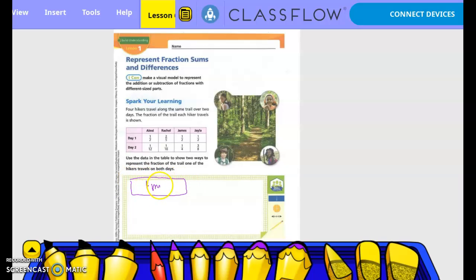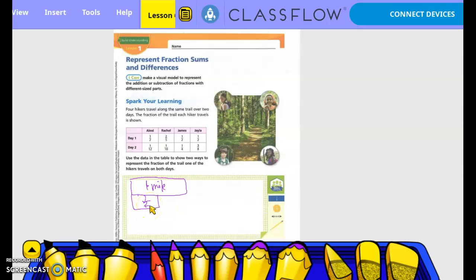So this would represent 1 whole mile. On day 1, he goes how far? Half a mile. So we're going to draw a box right below that. And this is only 1/2, right?